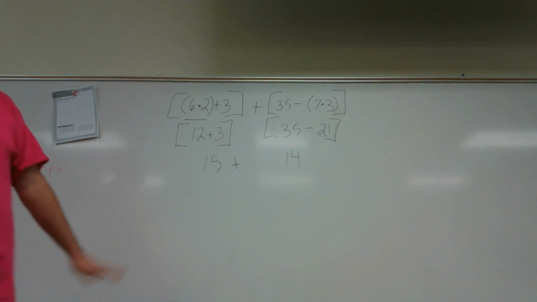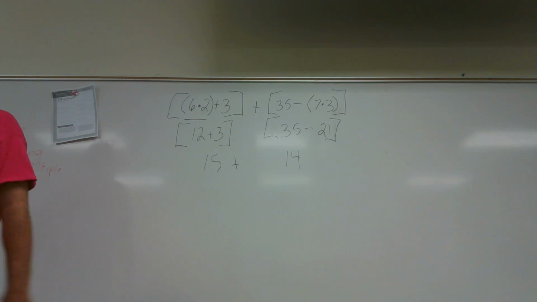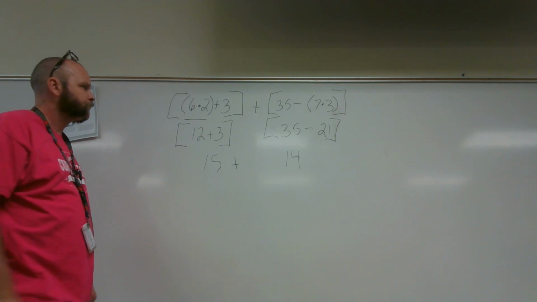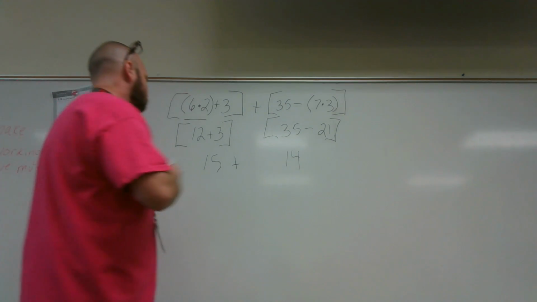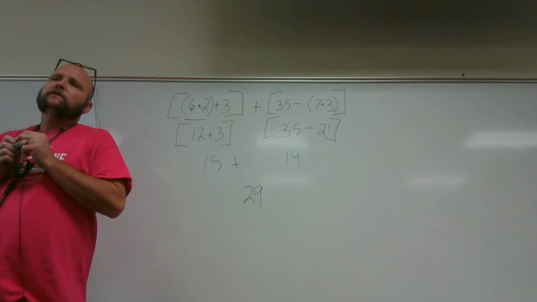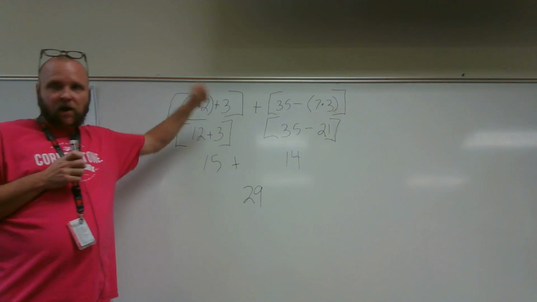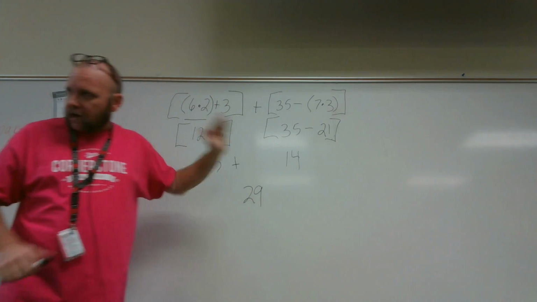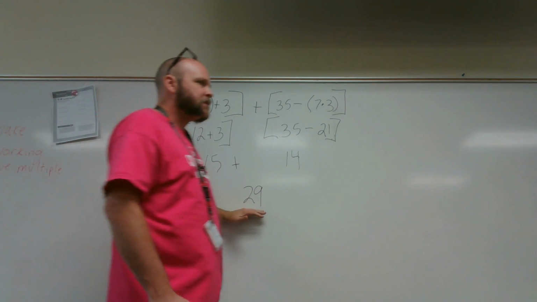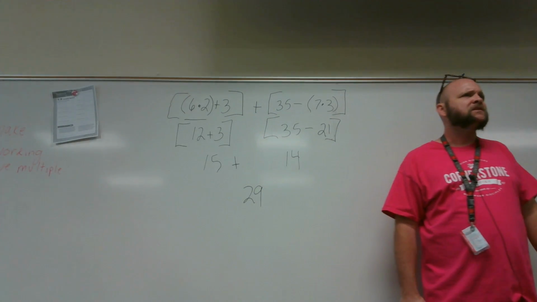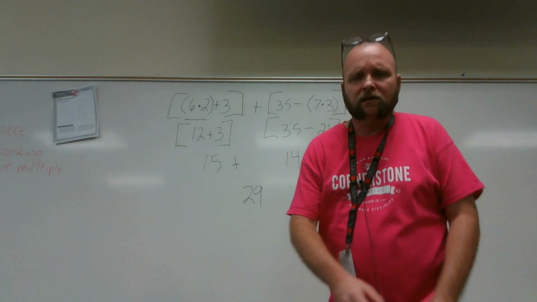I have find the sum of 15 and 14. And Jocelyn, what is the sum of 15 and 14? 29. So this expression, because it doesn't have an equal sign, simplifies all the way down to 29. Boom, shakalaka.